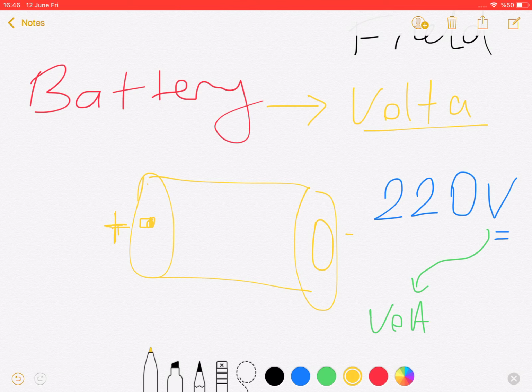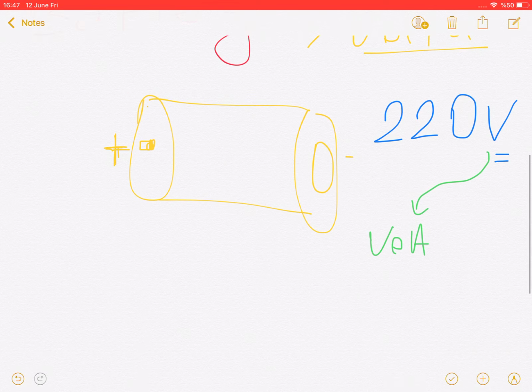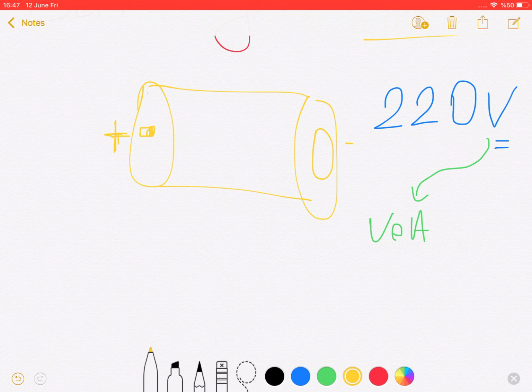I'll tell you. In the main mechanism of a circuit, we need a current. What does current mean? We are talking about new terminology. Actually, current is just the definition of the flow of charges.